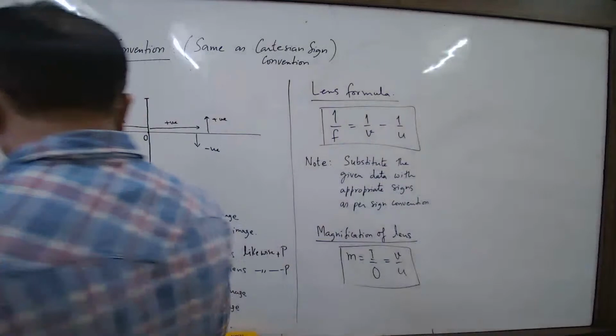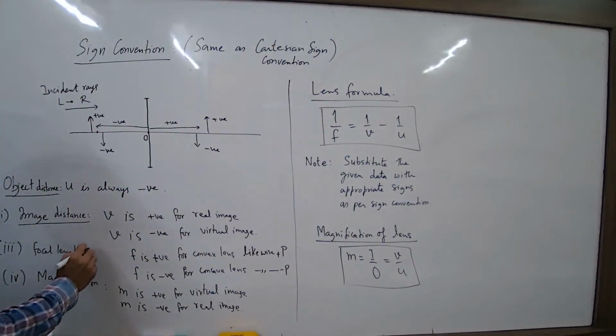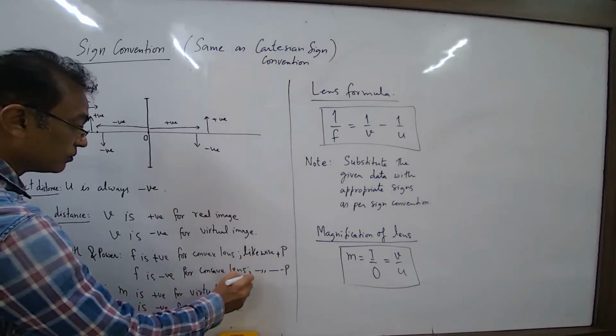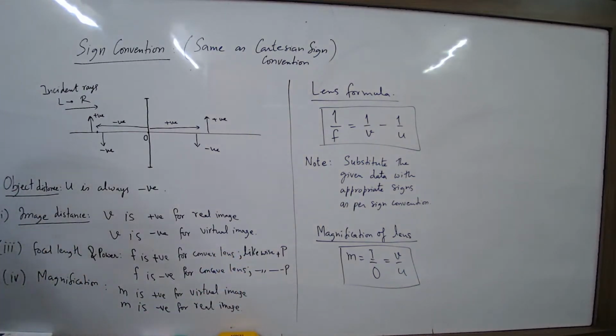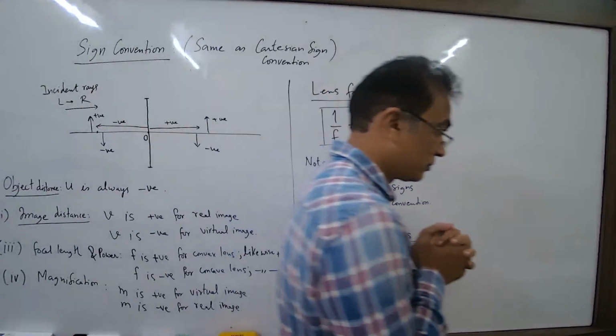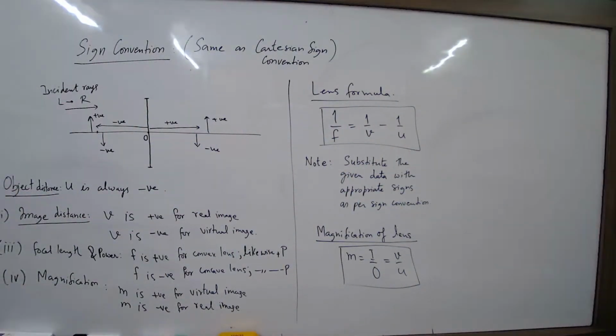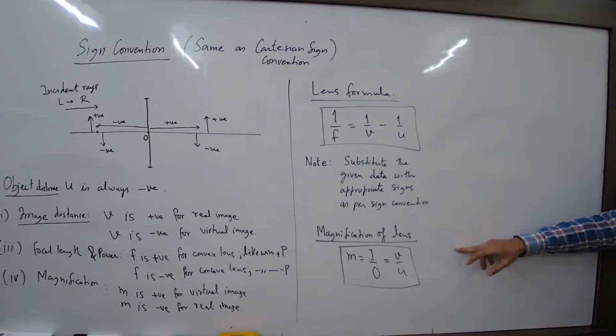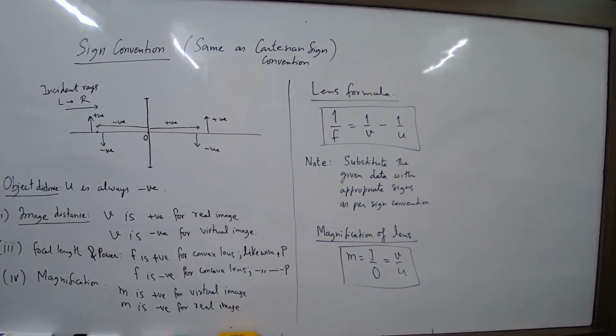So I am writing focal length and power. With this, we have taken care of all the signs. With this, we have come to an end of this chapter. For both the lens formula and magnification, you only have to learn the formula. Derivation is not in scope, although it is given in your book.